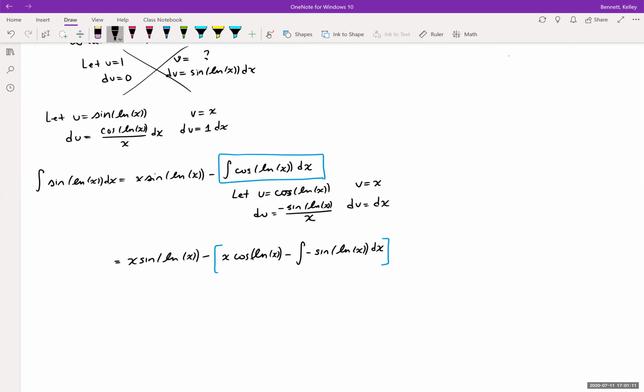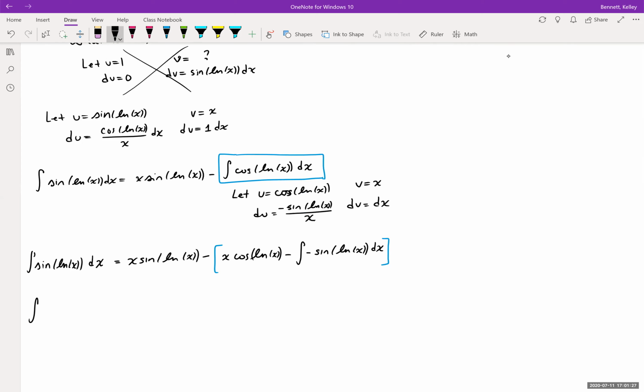All right, so now here's the part that is, I think, very cool. So I'm just going to go ahead and push that negative through and simplify things a little bit.